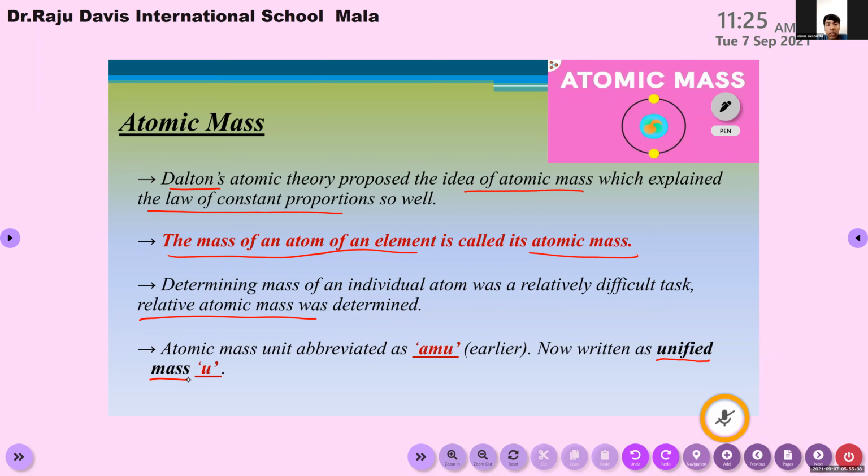Determining mass of an individual atom was a relatively difficult task. Relative atomic mass was determined. Atomic mass unit, abbreviated as AMU earlier, now written as unified mass u.